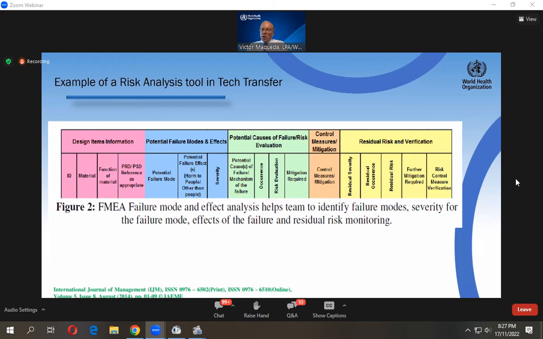That last part, to verify, is sometimes overlooked by organizations, and is something that is included in the ICH Q9. As you can see, the last step is to verify, right, and to revisit regularly your risk evaluation and your risk analysis process.